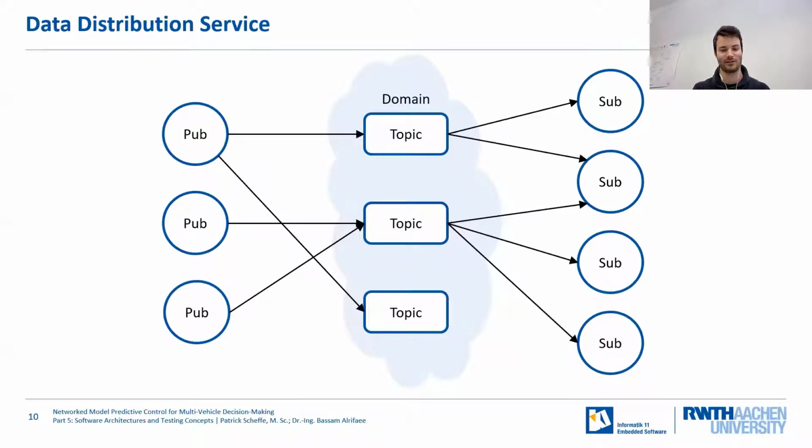The only thing you need is to have an interface to this data distribution service, and as long as you can read or write to or from topics, you can take part in the system. Another benefit is that you have the interfaces between the components or participants defined, because you need to define the message format in which you exchange data. That makes it easy to switch out participants or services.